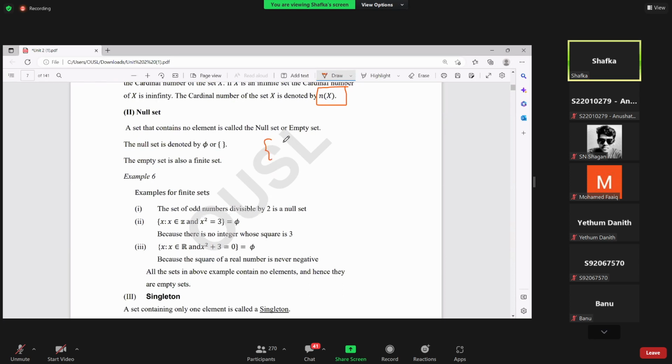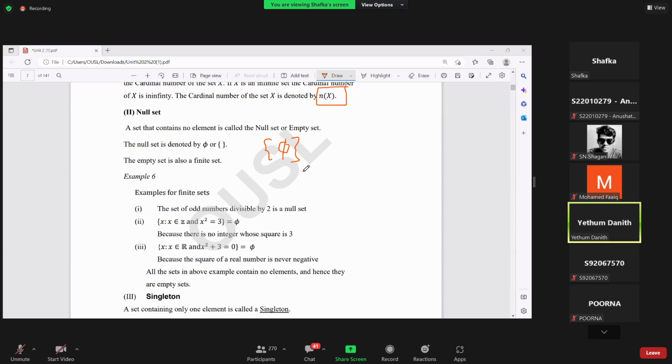Okay. Then what is this? What is this? No elements. No elements. Others? The element is the null set. Yes. Others? Any other different answer?